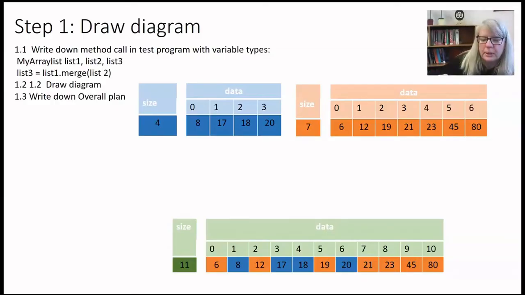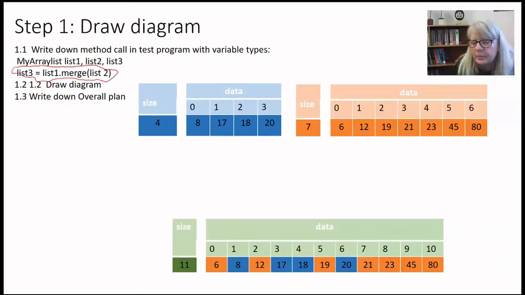You can't understand the method if you can't do this. In the test program, you will say list3, which is a new one, is list1.merge, and then the parameter is list2. If you need to, go back to the previous slide, read the question again, and continue reading that question, looking at this line until you know exactly why it is like that.